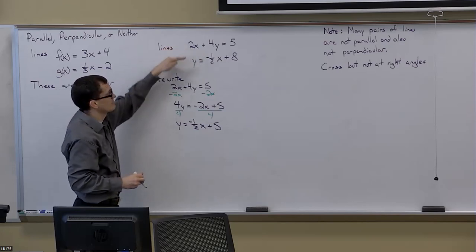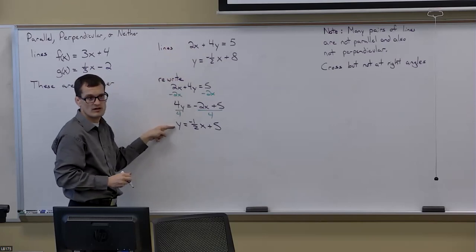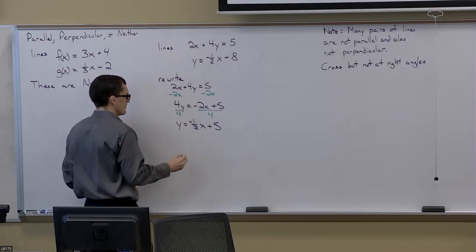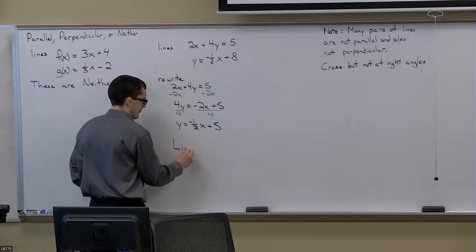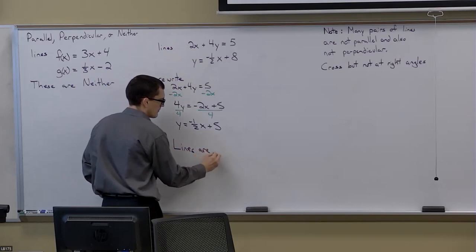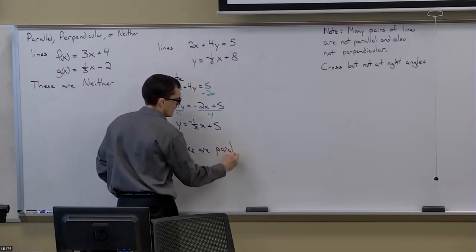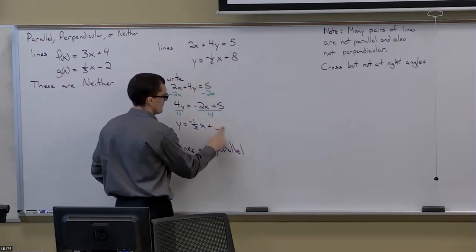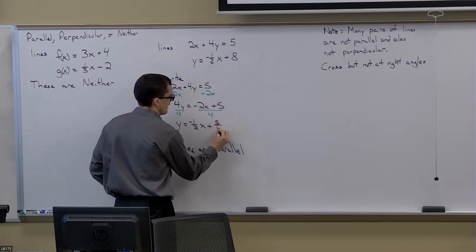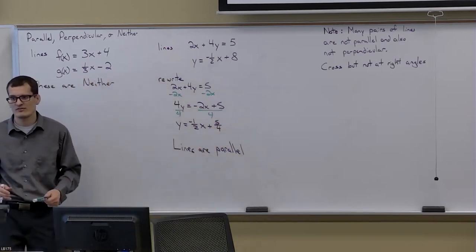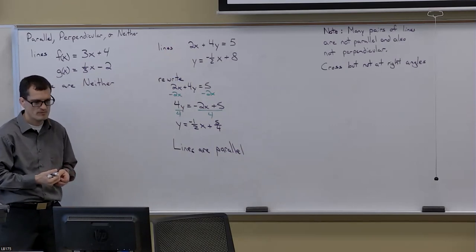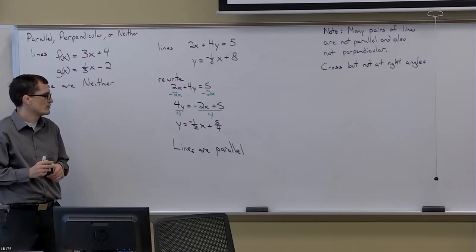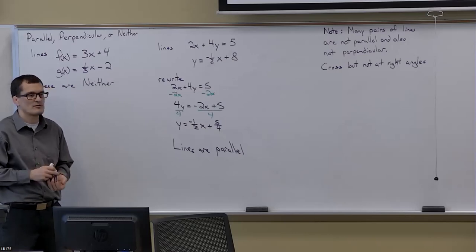The first line I was given, this one, also has slope -1/2. So these lines are parallel. They have the same slope. Oh, I'm sorry, I misdid that, didn't I? It doesn't actually matter, but that should have been a 5/4, not just a 5. I divided the first part by 4, I forgot to divide the second part by 4.